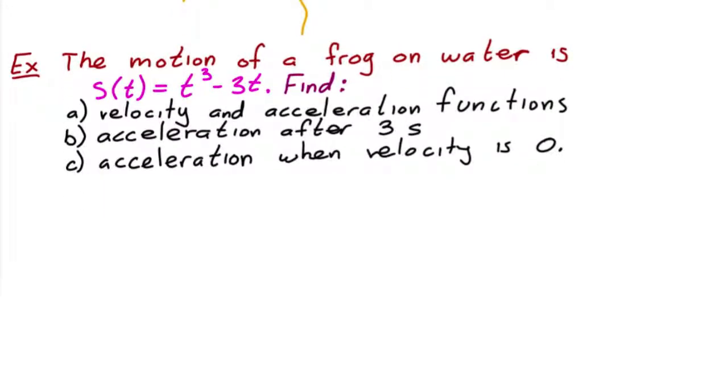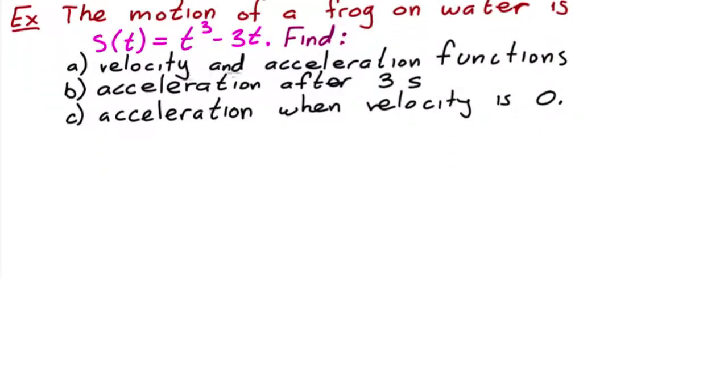Now, we want to find the velocity and the acceleration functions, and then we want to find the acceleration after 3 seconds, and we want to find the acceleration when the velocity is equal to 0. Let's do part A, and then we'll draw a little picture of this guy, and then we'll talk about all the different little nuances that we're presented with.